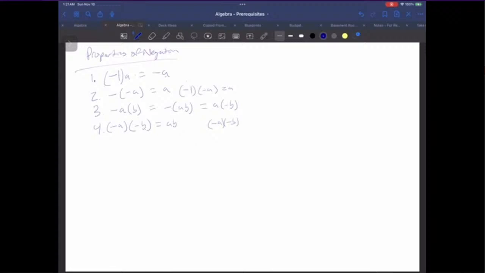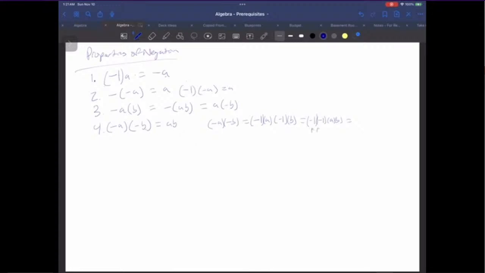So negative a times negative b is the same as negative 1 times a times negative 1 times b, which is the same as negative 1 times negative 1 times a times b, which is the same as, because of property 2, negative of a negative a, or negative 1 times negative a.